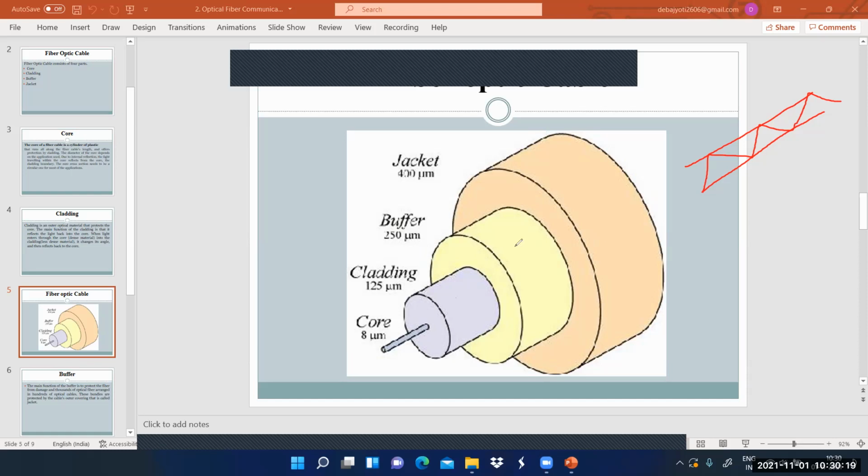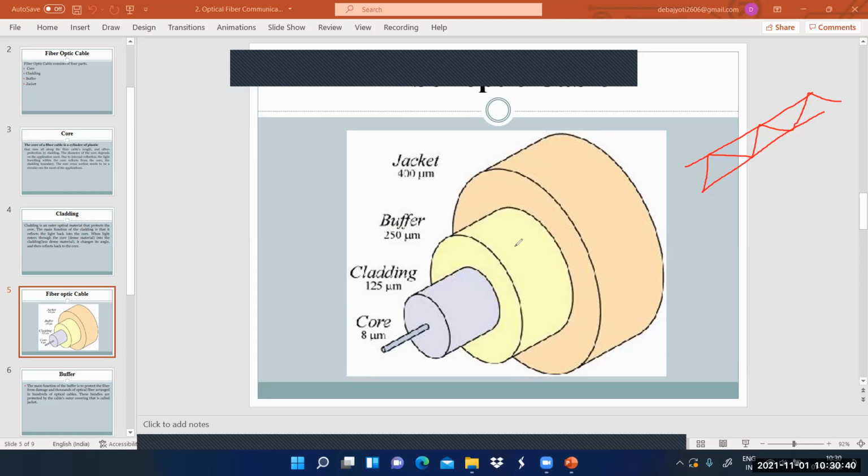Thousands of optical fibers are arranged in hundreds of optical cables. The main function of the buffer is to protect the fiber optic cable from the outside.